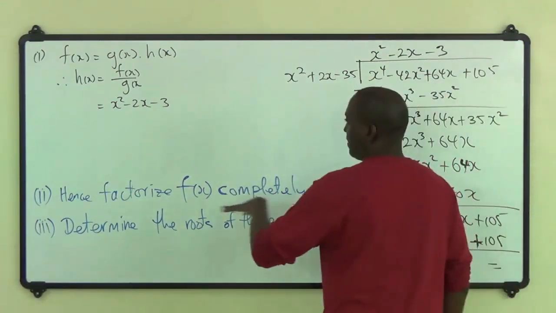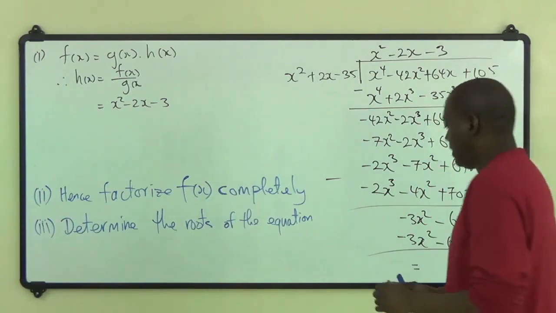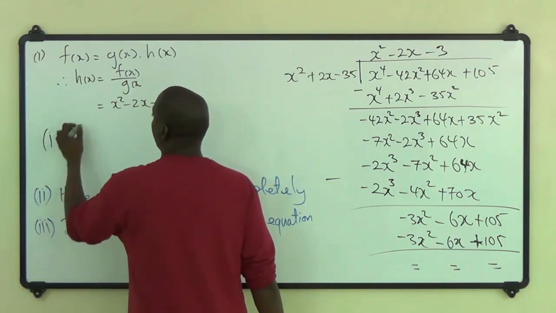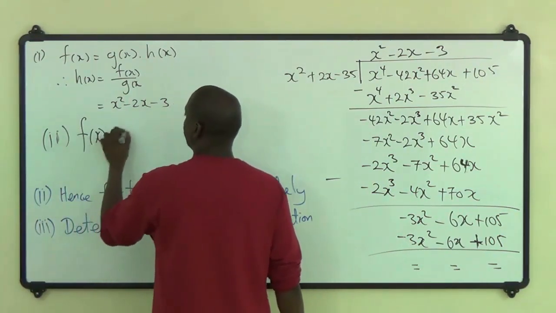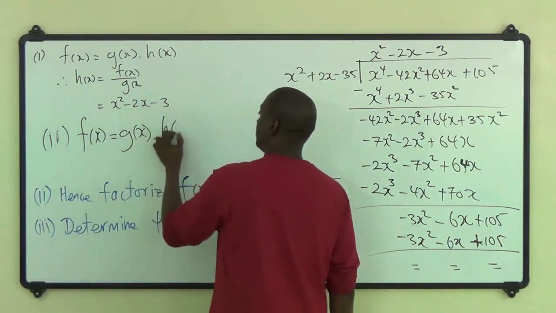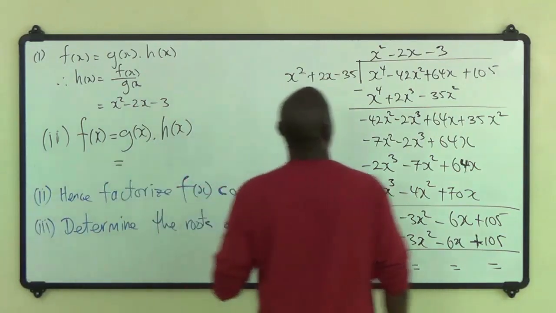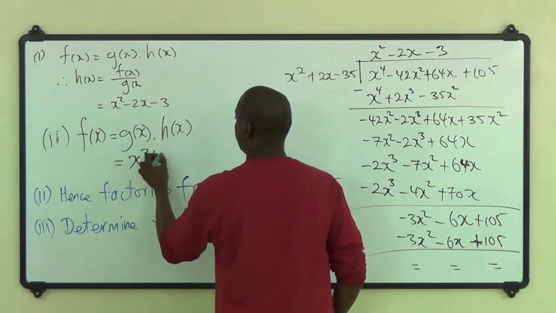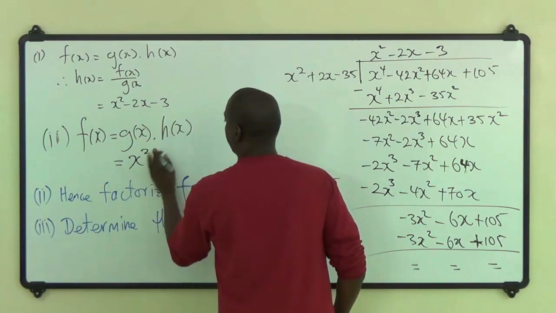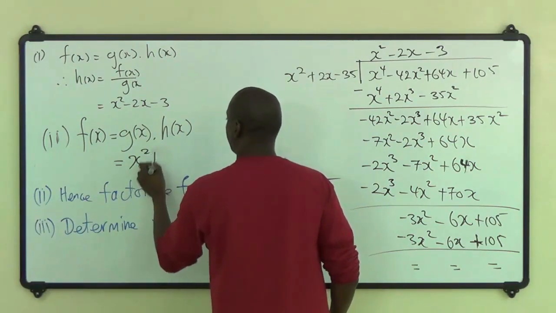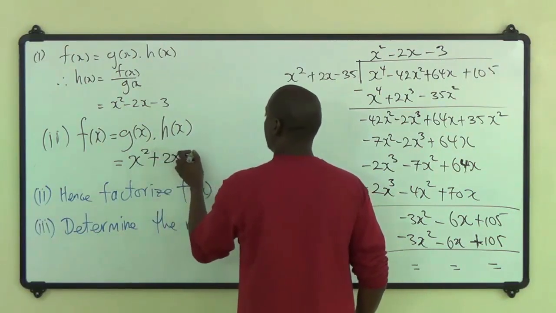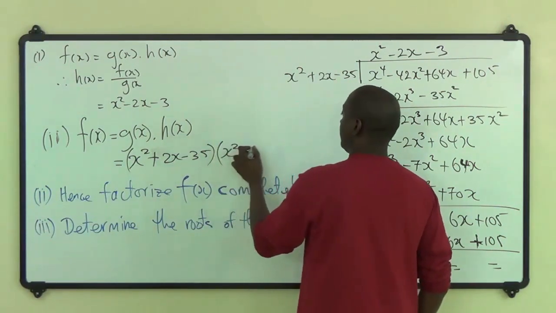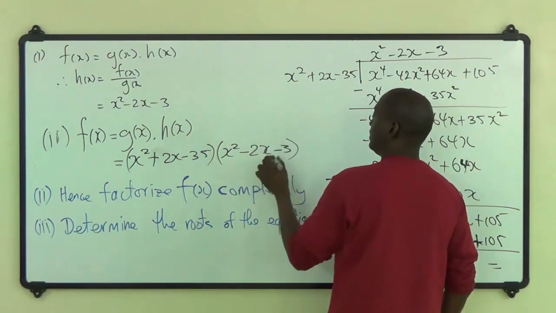So we want to factorize f of x completely. If we're doing that, the first thing we need to do is go back to the beginning. f of x is equal to g of x by h of x, which is, this is your g of x here, x squared plus 2x minus 35 in brackets, by x squared minus 2x minus 3 in brackets.